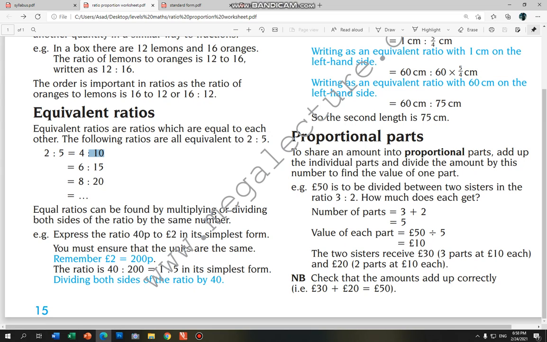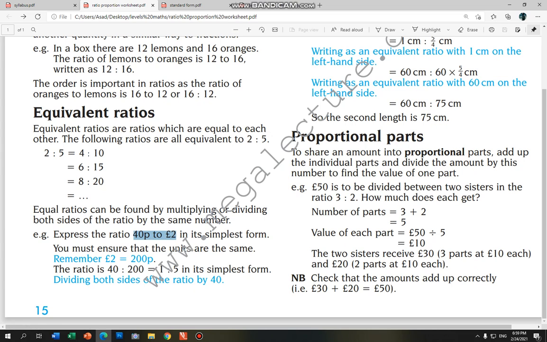For example, express the ratio 40 paisa to 2 pounds in its simplest form. Now you must ensure that the units are the same. Note this point. Here the unit is paisa, here the unit is pound.